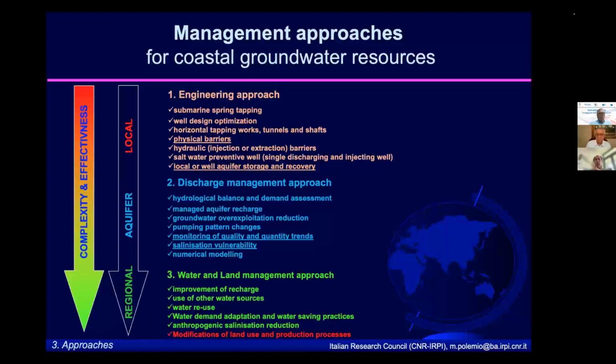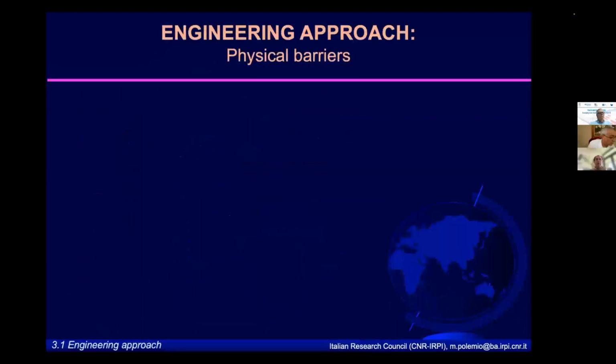Solutions can be expanded from the improvement of the recharge, use of other water sources, water use, and again also the modification of land use and production processes to obtain the safe and durable availability of fresh groundwater.